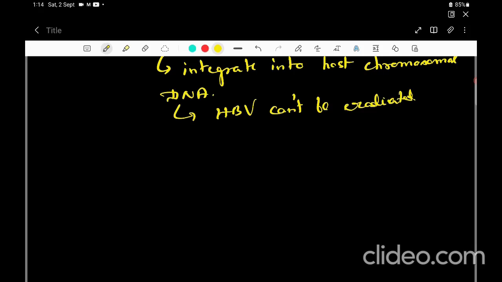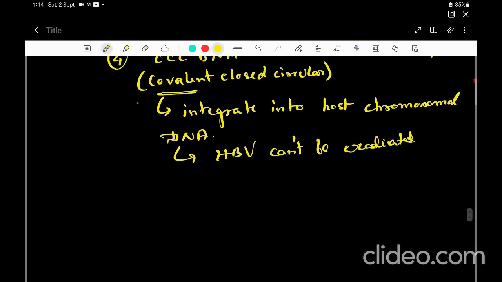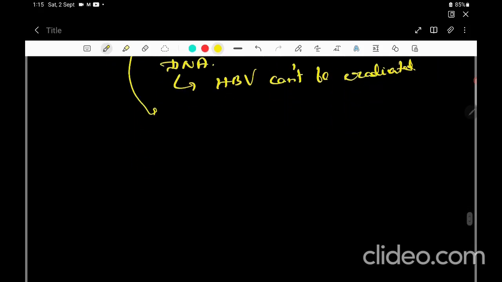Now, what happens next is the CCC DNA uses host enzyme to form a pre-genomic or subgenomic mRNA.